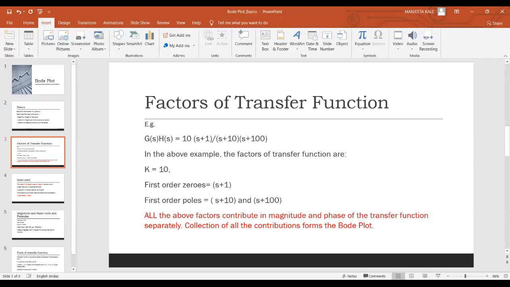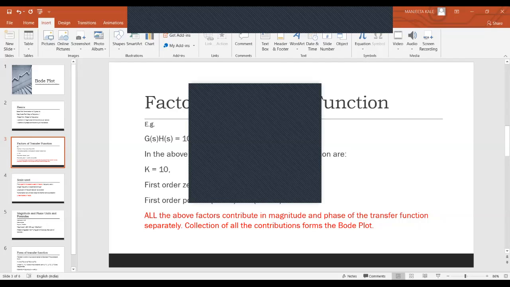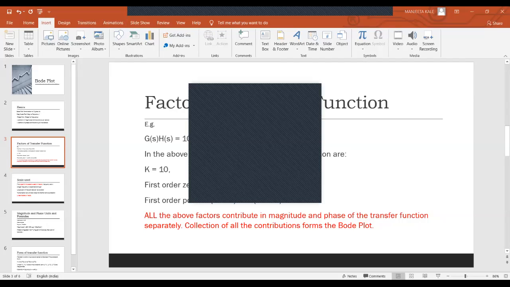First order zero, which is s plus 1. I hope all of you understand what is first order and what is second order now. When we have the power of s as 1, then we can say that it is a first order function, and when the power of s is equal to 2, then it is a second order function.